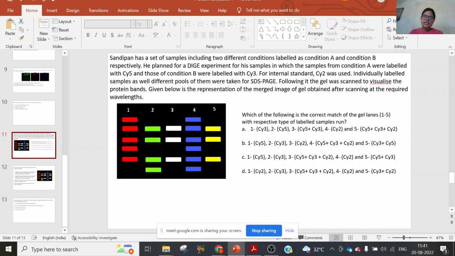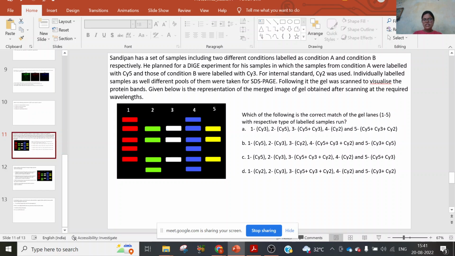So you have to identify which of these is for Cy5, or which is for Cy3, or whether it is a mixture of Cy5, Cy2 and Cy3, or only a combination of two dyes. So which is the correct option of the four? So think about it.